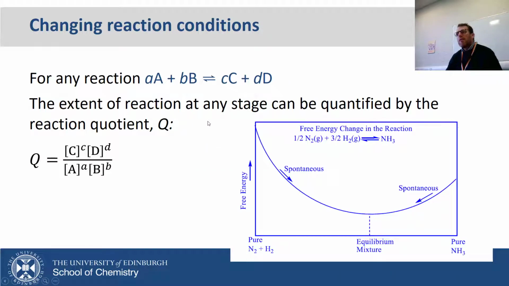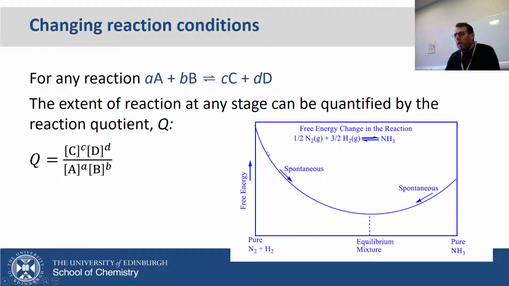So if we think about some chemical reaction where we are changing the conditions, we may have reactants going to products. Well, we can determine what's called the extent of the reaction, in other words, how far this reaction has proceeded at any stage, by thinking about the reaction quotient Q, our concentration of products and our concentration of reactants.